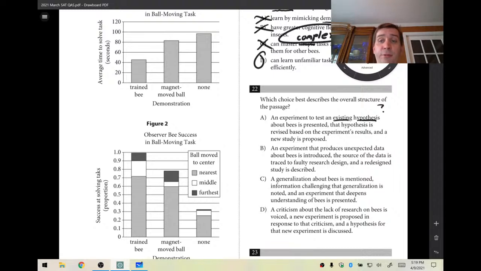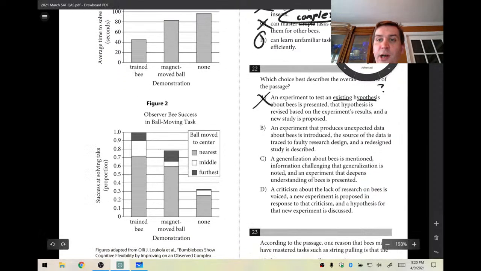Can bees play football? That hypothesis is revised based on the experiment's results. What revision? And then a new study is proposed. None of those things happened. A is out. Yeah, there's no new study. It was revised how? It's out. All right, do we have an experiment that produces unexpected data? Do we have any unexpected data?